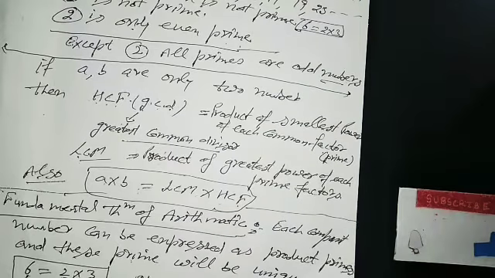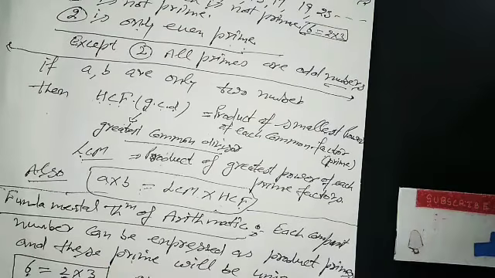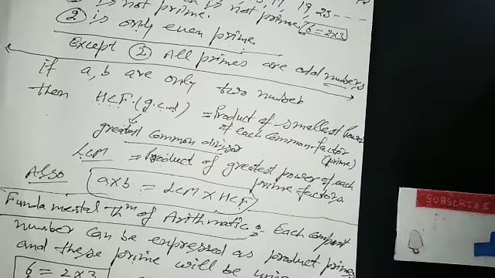But here 6 is not prime, 4 is not prime. Representation may be different. But if you take prime factors, then this representation will be unique. So be okay with this example. This is not unique. Try to understand, this is not unique because these are not prime factors. Prime factors are only these, and you have no other prime numbers by which it can be represented.